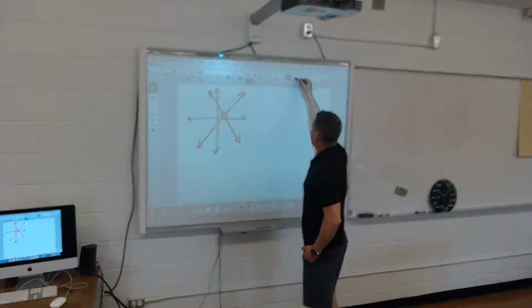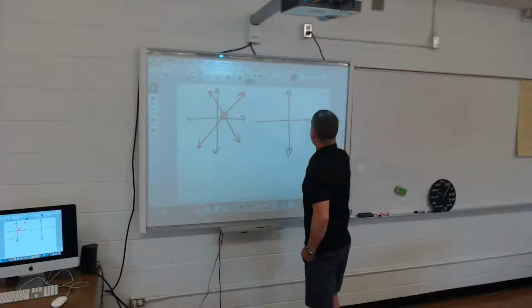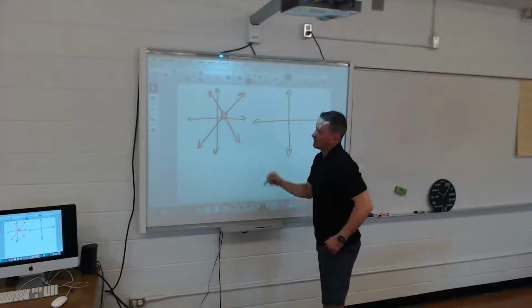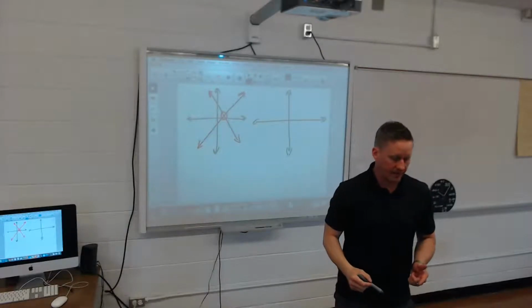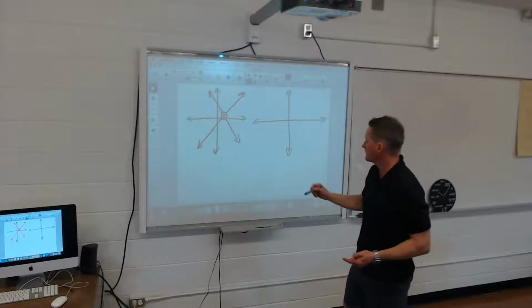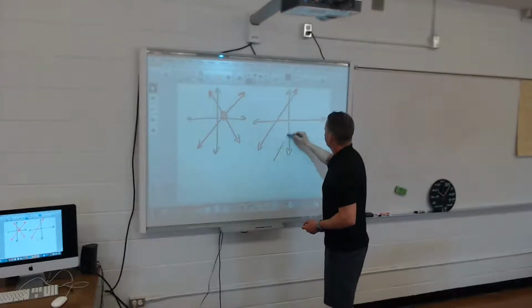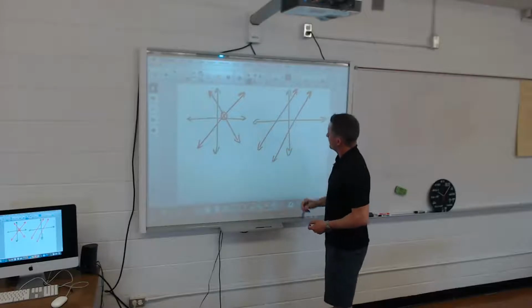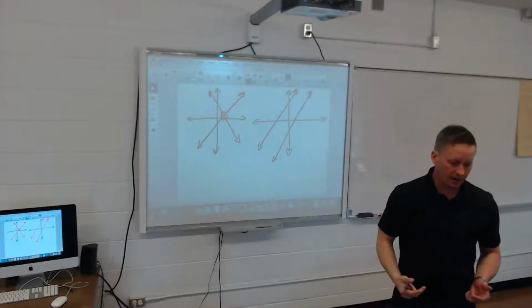Now, if I have 2 lines that have the same slope and different y-intercepts, that means that I have 2 parallel lines. And how many solutions do I have for 2 equations that are parallel?